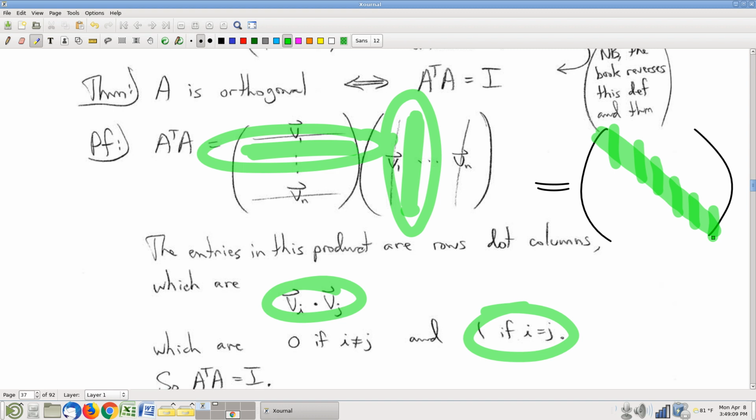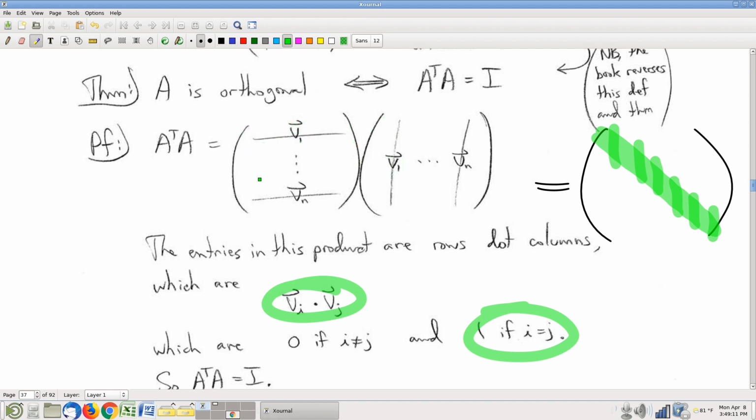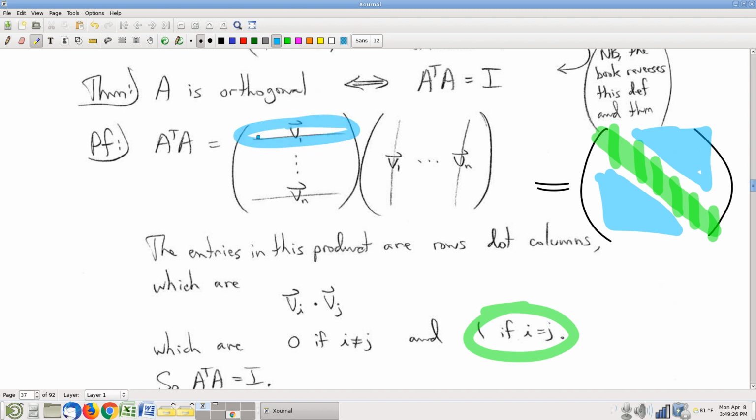Now let's look at the off-diagonal elements. How would you compute off-diagonal elements? You get, let's say, either up here or down here. Well, you're going to be dotting some row with some other column. Off the diagonal in the product means that the row number and the column number are different.